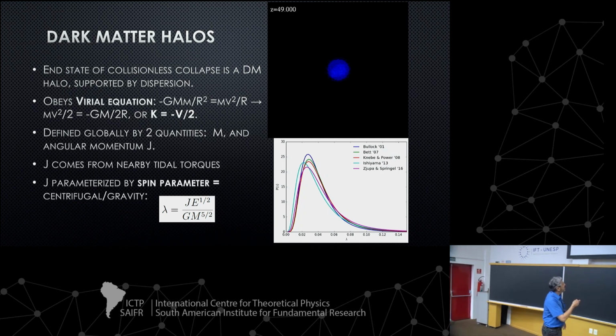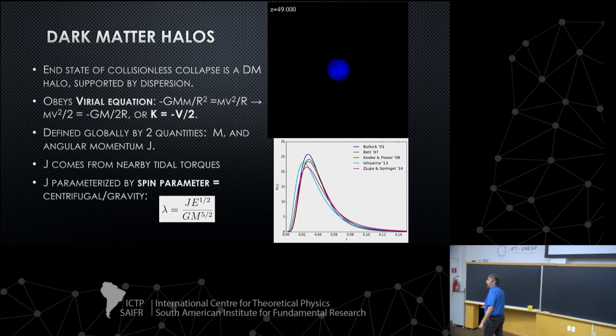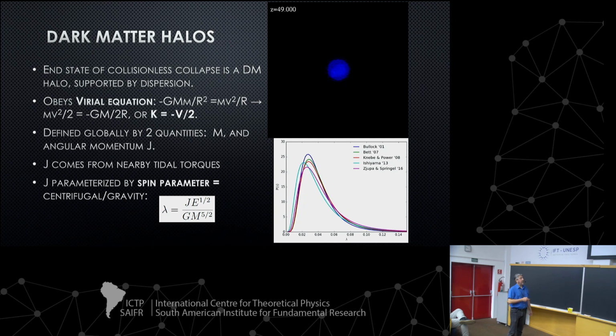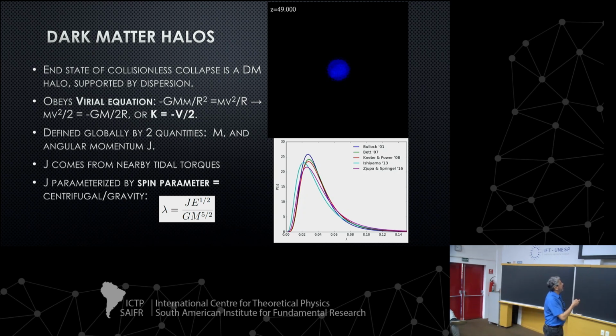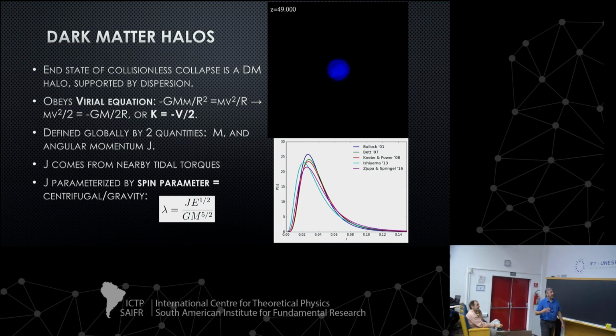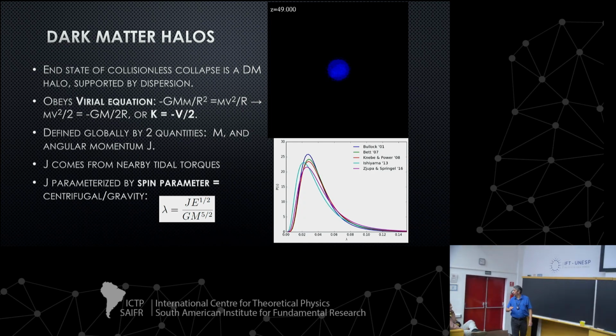So it obeys this thing called the virial equation. It's very simple to derive in a super easy case, which is that the virial theorem says the kinetic energy is minus half of the potential energy. And this is the final state of a system; Alessandro can tell you how to derive it in much more detail.